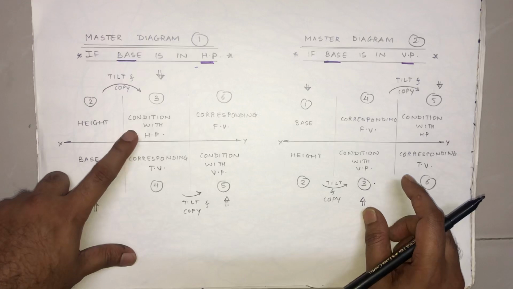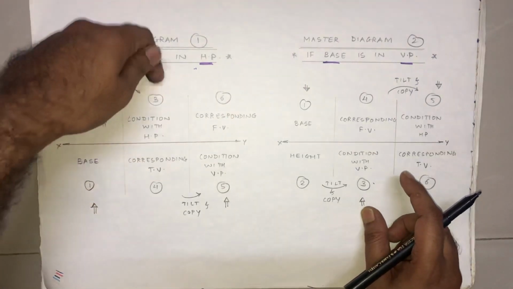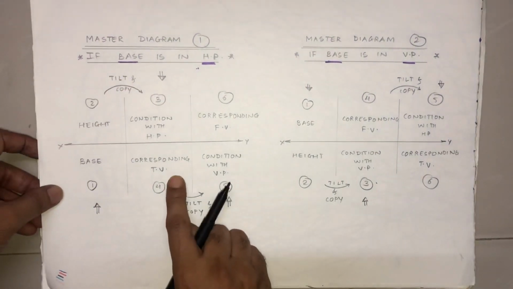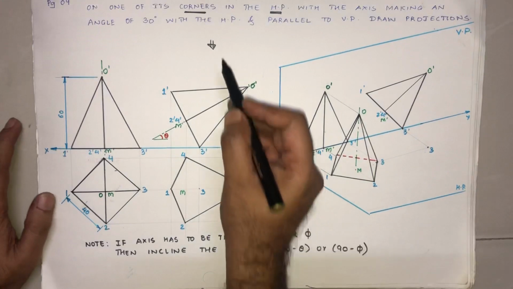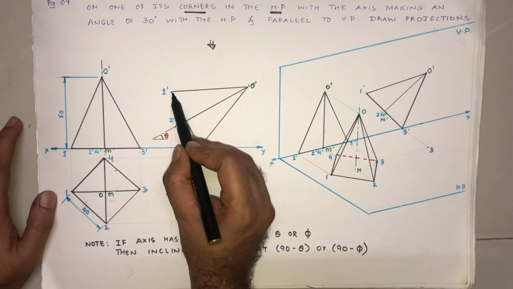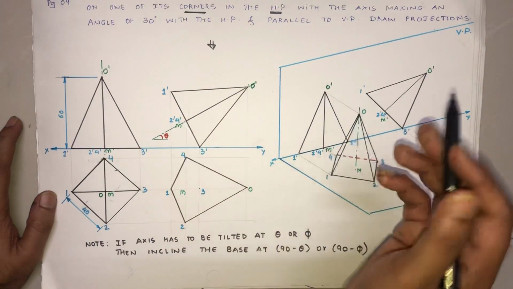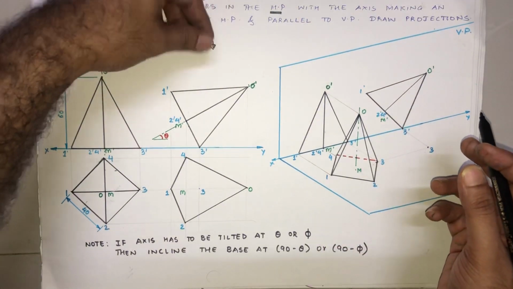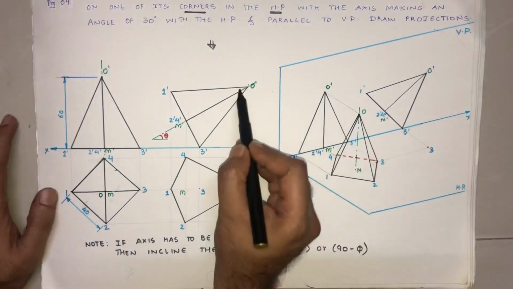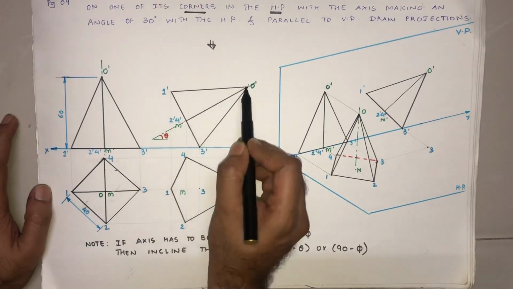This is our condition with HP. And this is how the observer is going to look. We are going to draw the corresponding top view. So now, as soon as I place the observer, what does the observer see? The observer sees O dash 1 dash. You can visualize this in this way. Try and pour some water. As soon as you pour some water, the water is going to splash on O dash 1 dash.